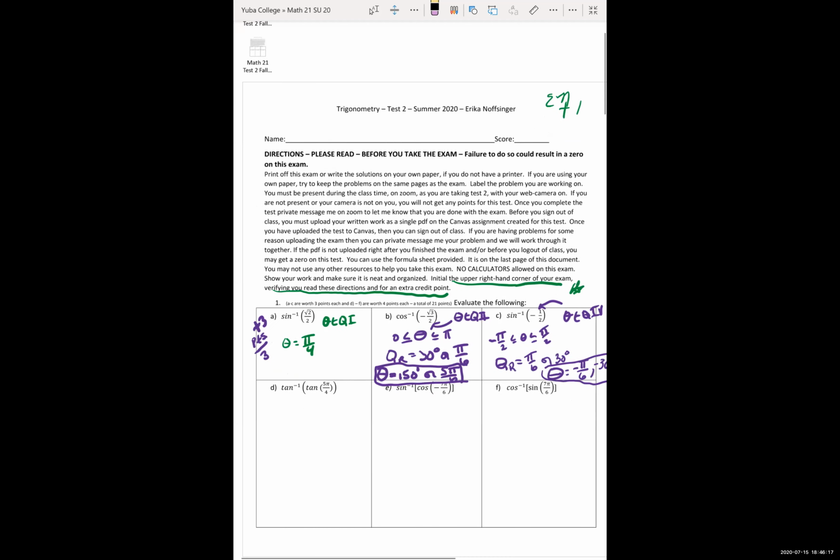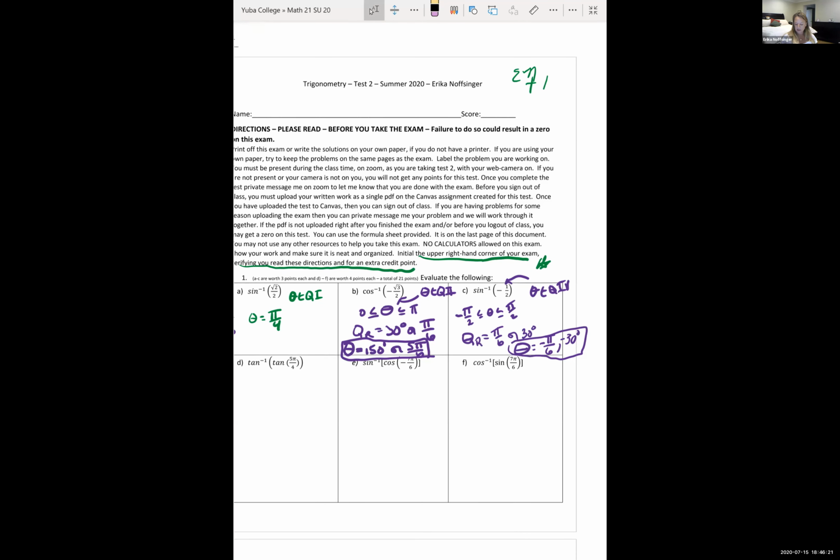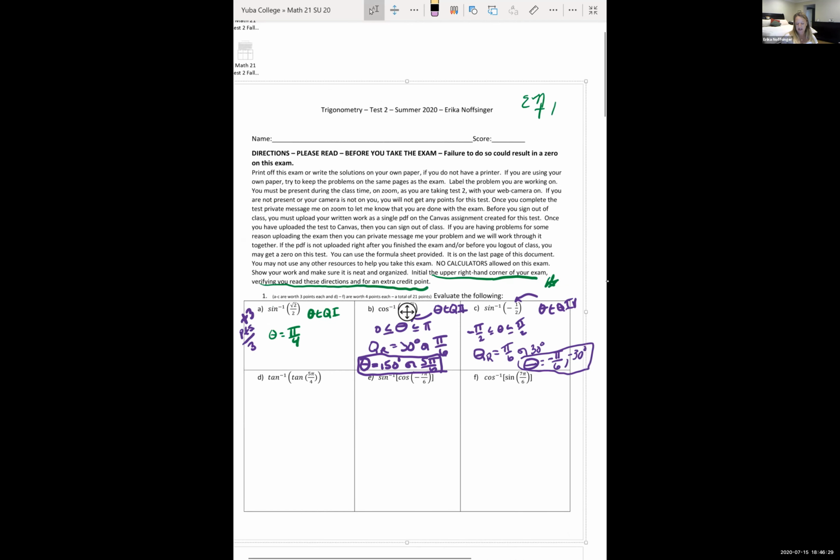Would 330 degrees have worked? If it's 330 degrees, give it 2.5 out of 3 points, just because of the sine inverse piece being here. If it had been sine theta equals negative 1/2, then when we were taking the sine inverse of both sides, you could have written theta as that 330.